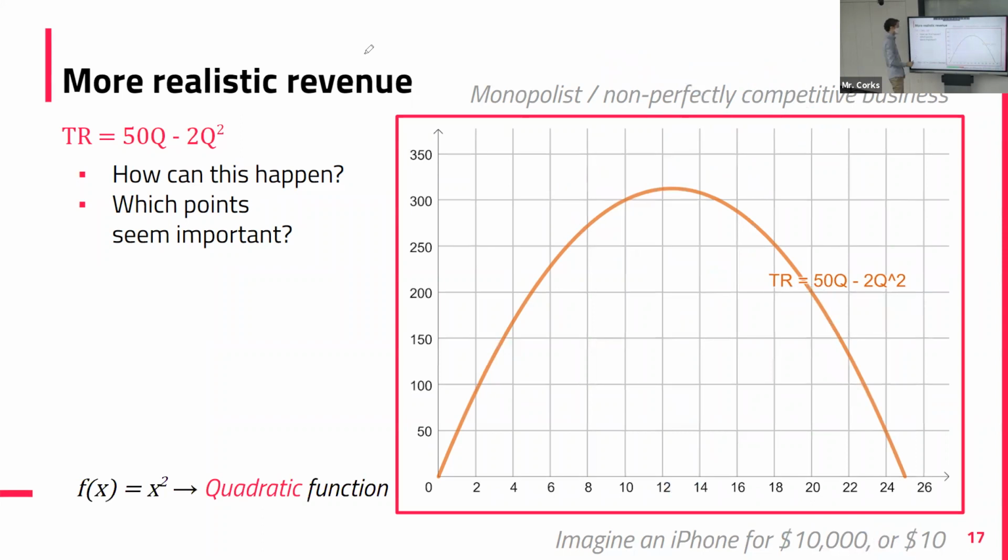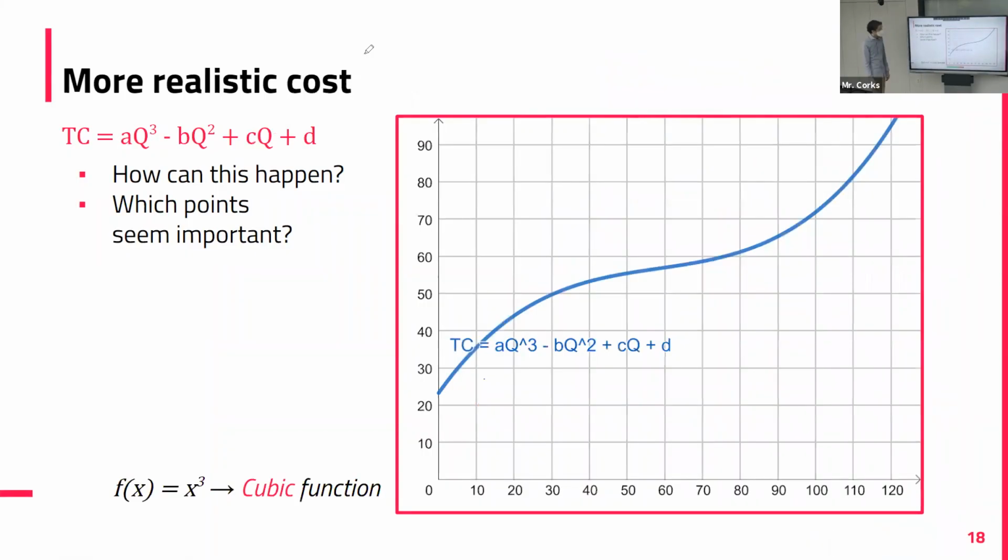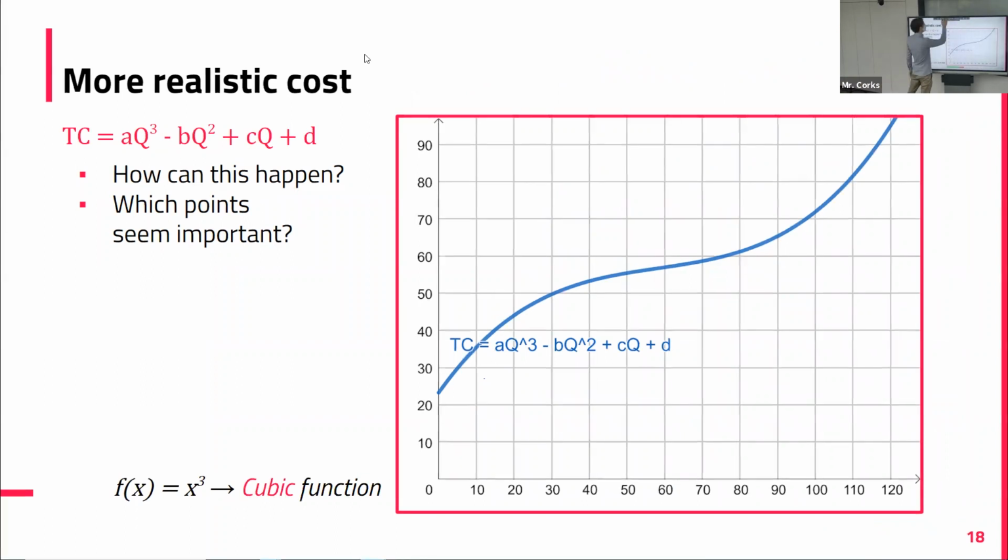Okay. The other thing with the total cost curve here, again, just looking at the slopes, where is the slope 0 or closest to 0? 70? 75?